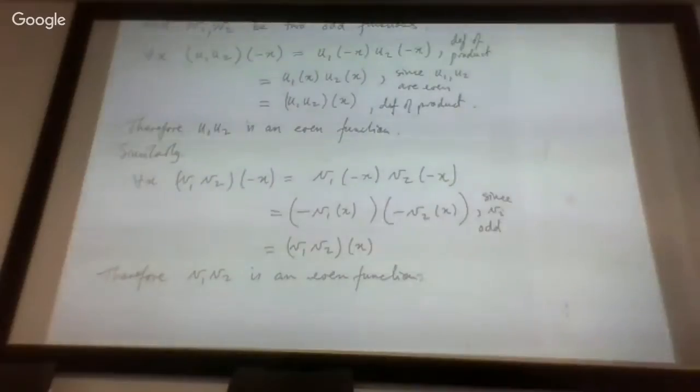Now this is the potential drawback of using this odd and even terminology. If you're using odd and even to refer to divisibility by 2, we know that if you multiply an odd integer by an odd integer, the product is odd.